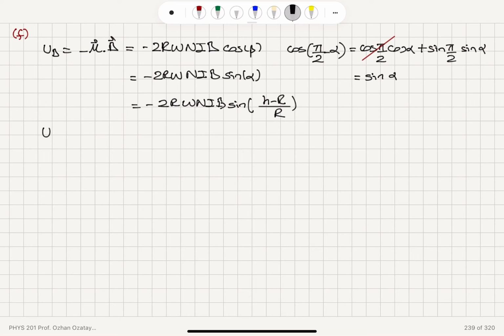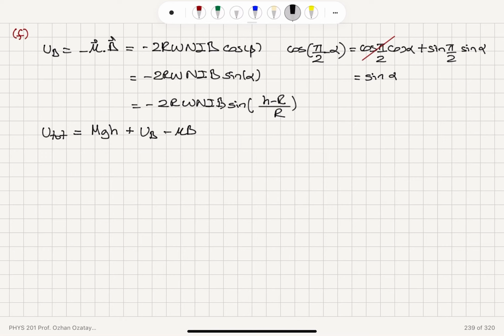So that the total potential energy becomes now mgh plus the potential energy Ub that I have calculated, minus its value when h is equal to 0, minus Ub.